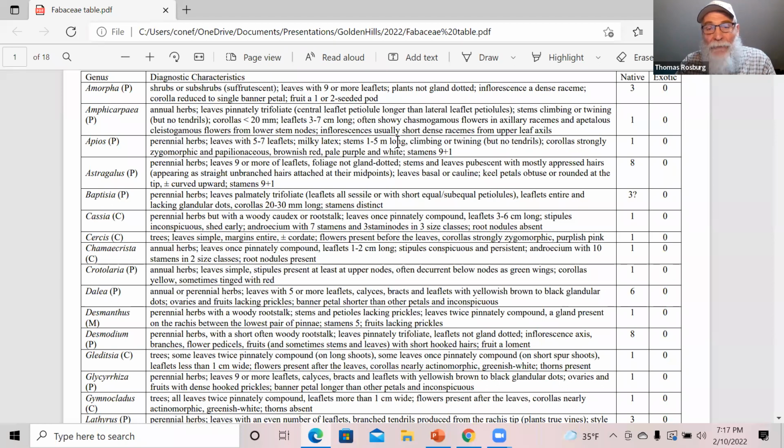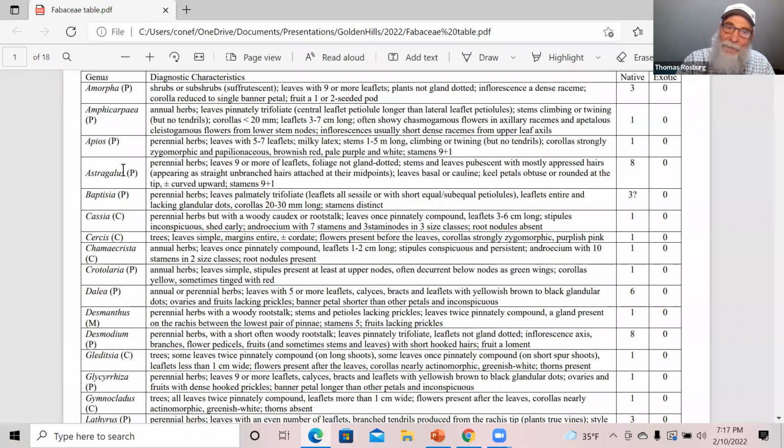Apios, groundnut, that's another one that's climbing and twining, but again, it doesn't have any tendrils. It has a milky latex. We're going to look at these two in more detail, as well as the Amorphas. Now, the Astragalus, we're not going to. There are 8 species of Astragalus in Iowa. There's not enough time to do everything, so I left them out.